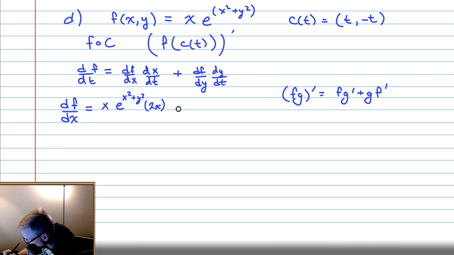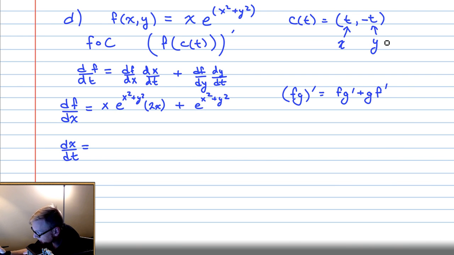Then we have plus g, which is our e to the x squared plus y squared, multiplied by the derivative of f. Well, the derivative of f is 1. So we're done. What is the derivative of x with respect to t? In c of t, this is our x value, and this is our y value in the coordinate system. So the derivative of t with respect to t would just be 1.